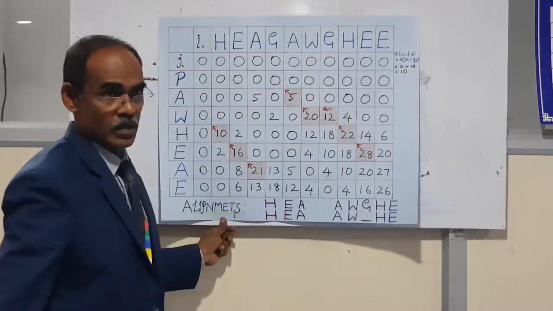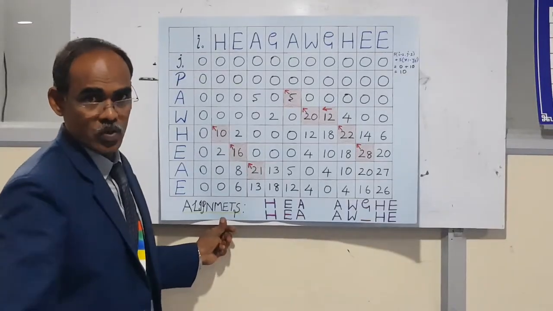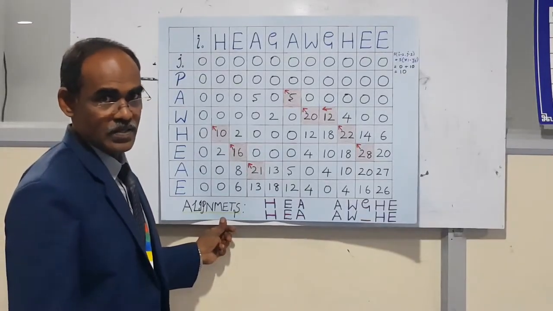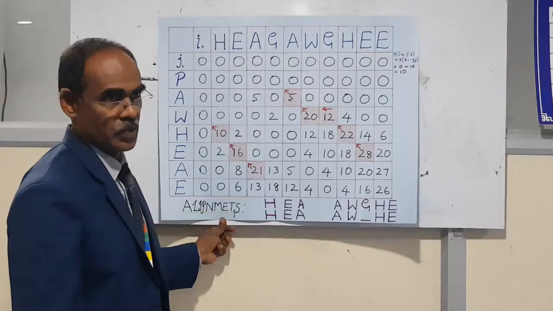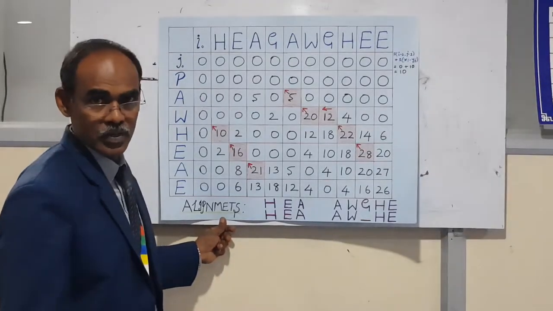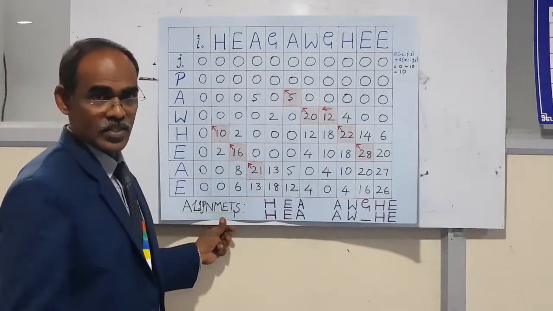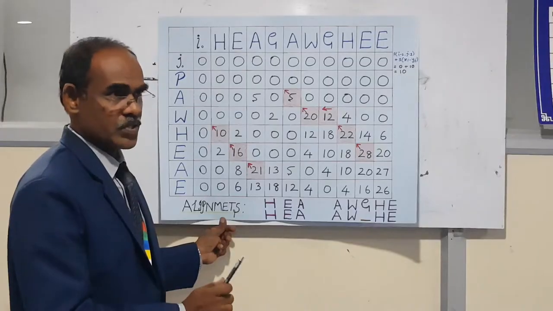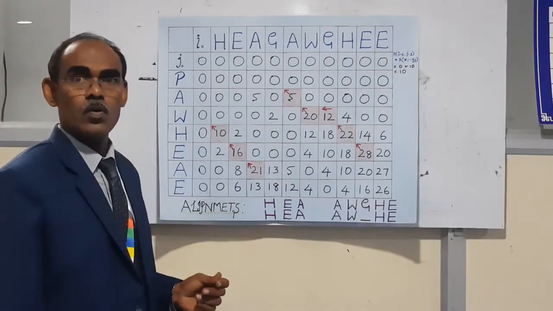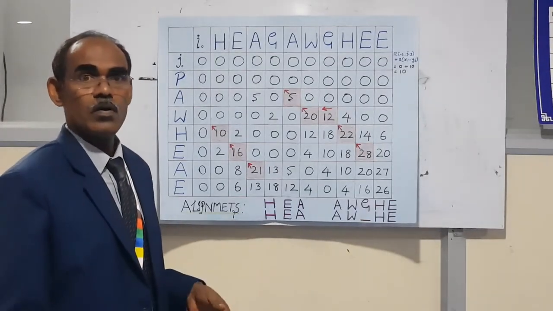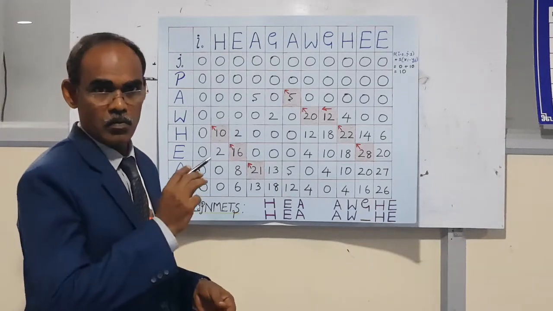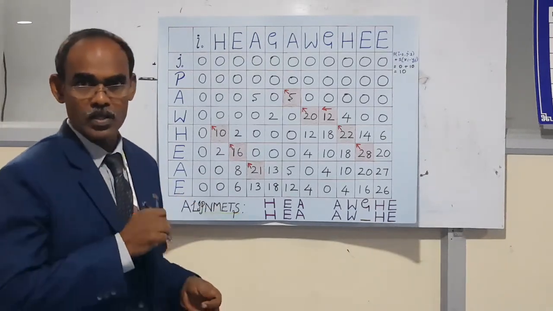But here, since we are doing local sequence alignment, the tracing back starts from the cell with the highest value. And just like the previous case, based on the movement of the arrow, we have to give the gap either in the upper string or the lower string.